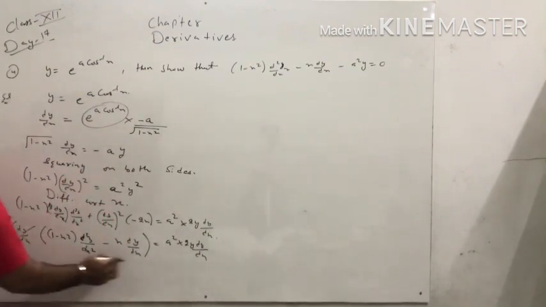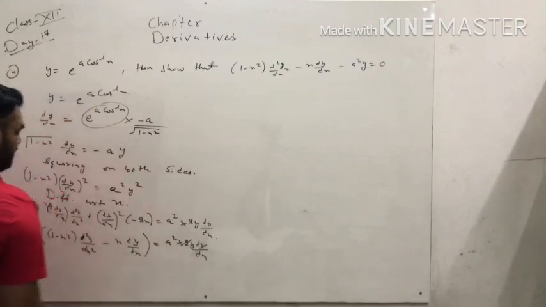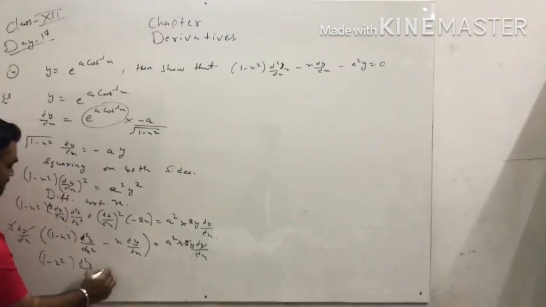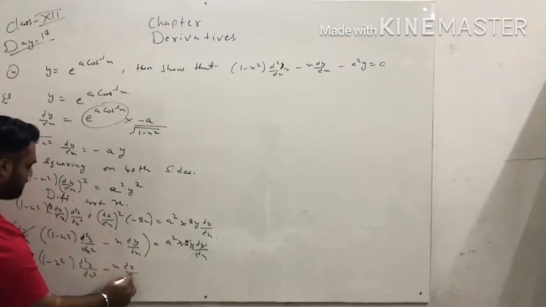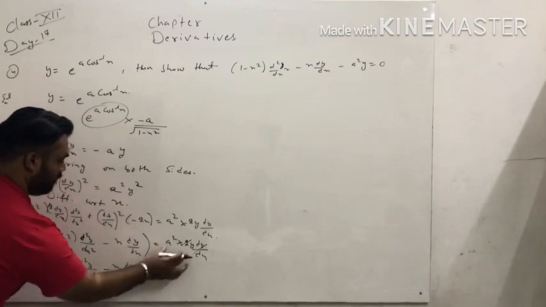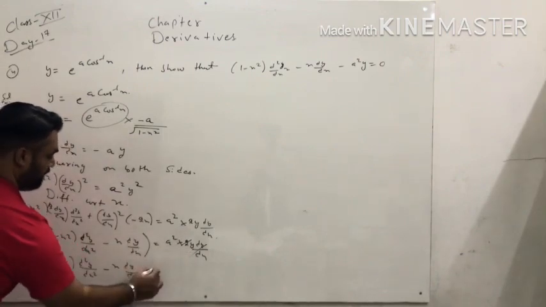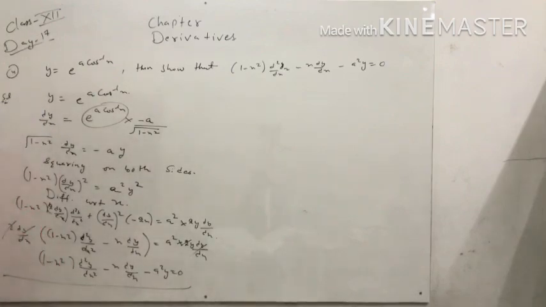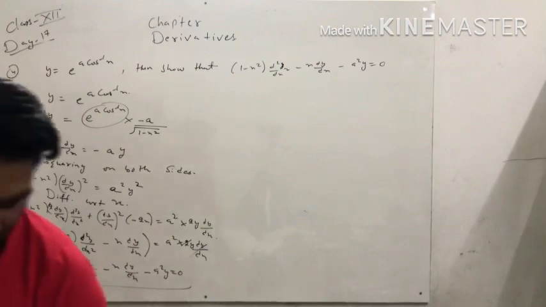So cancel 2 dy/dx. So we are left with 1 minus x square d square y upon dx square minus x dy/dx. Now shift this a square y to left side. This becomes minus a square y equals to 0. So this is the end of the fourth question.